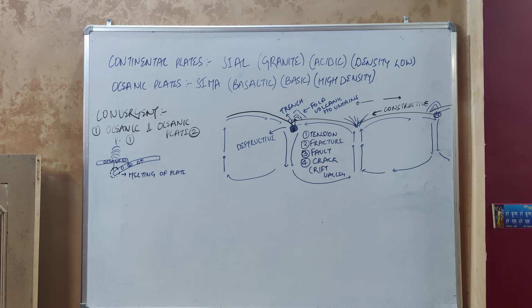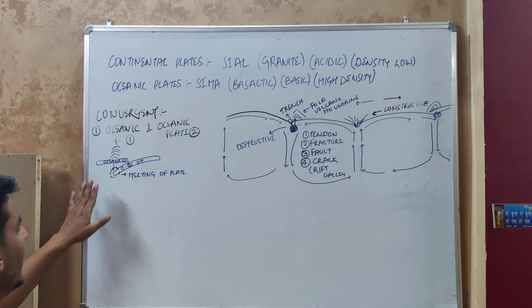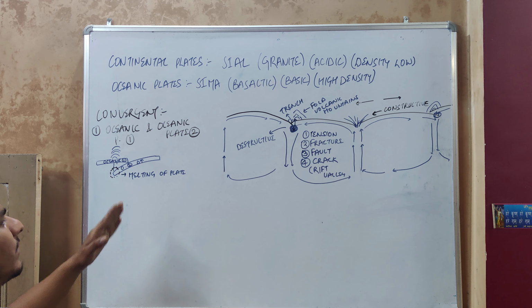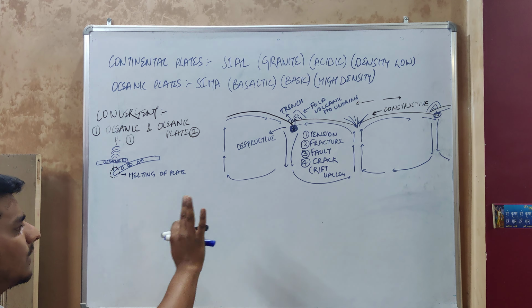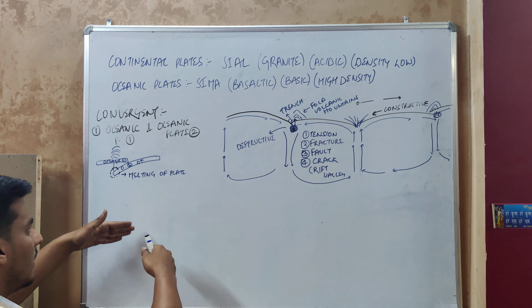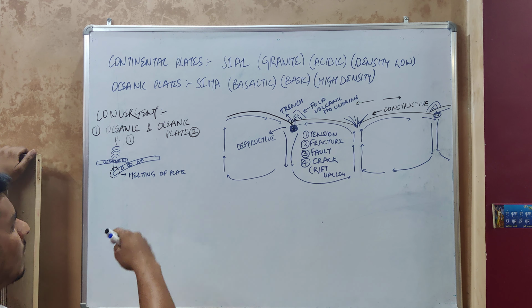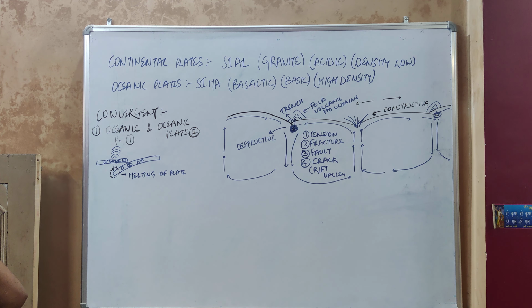Japanese islands are the prime example of arc. So arc is a narrow chain of volcanic islands or mountains, right? These are mountains, but predominantly when we are talking about oceanic plates, we talk about arcs, right? It's a kind of mountain. They are above the water level, right? So that is why it is known as arc. So it's a formation, landform, right?